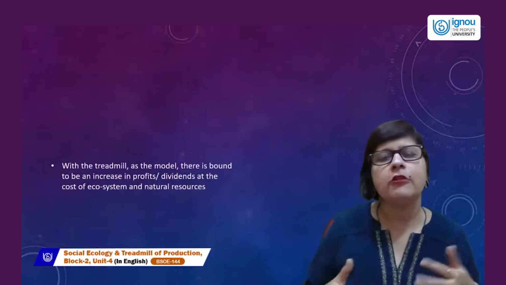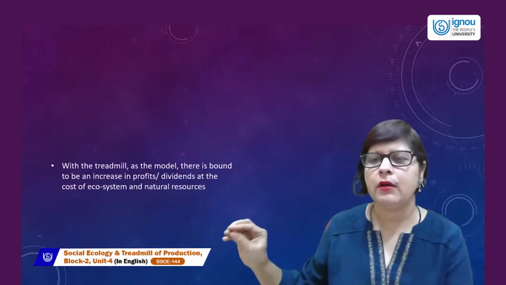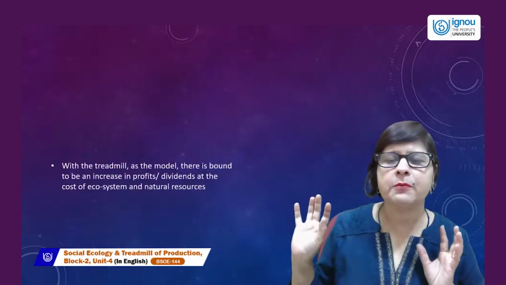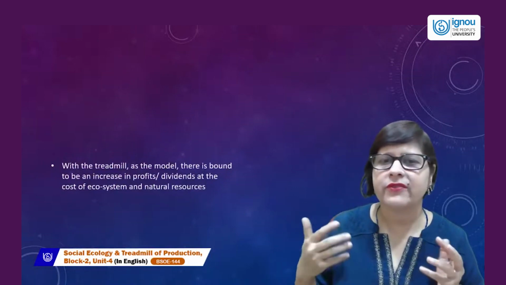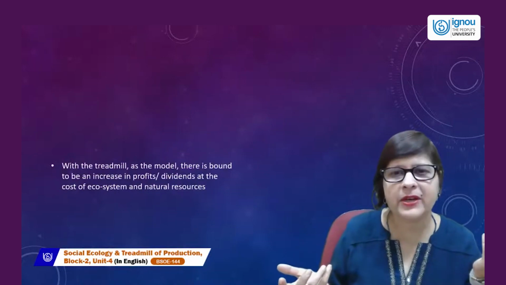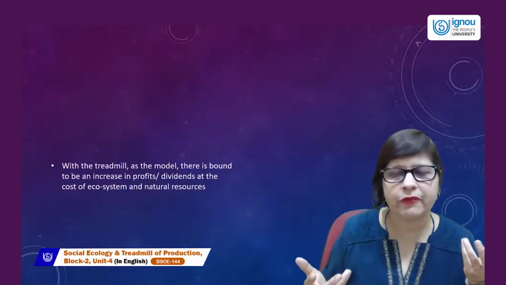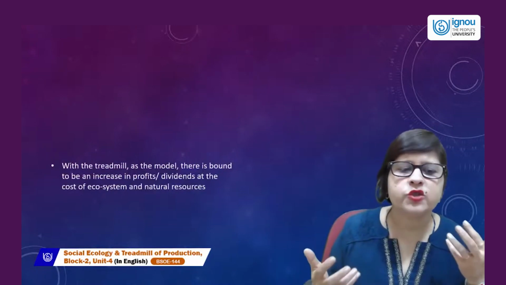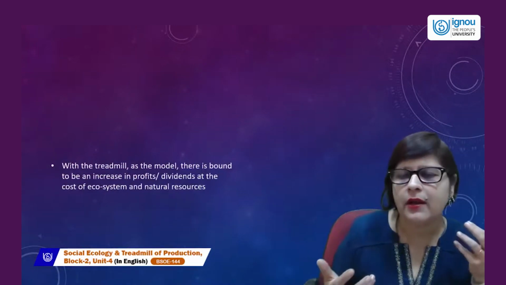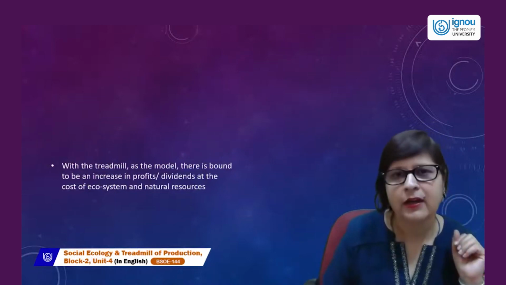And with the growth of new technologies, they can lay off their manpower. They don't need much manpower because of better technological developments. But still, people prefer these new rounds of investment. And with this treadmill, there is bound to be increased profit or dividend, right?